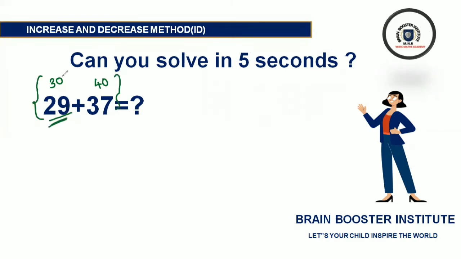So I am selecting the easier number as 30, not 40. Why? Because by comparison, 37 is not as close to 40. So I'm taking 30, and the difference between 30 and 29 is 1.